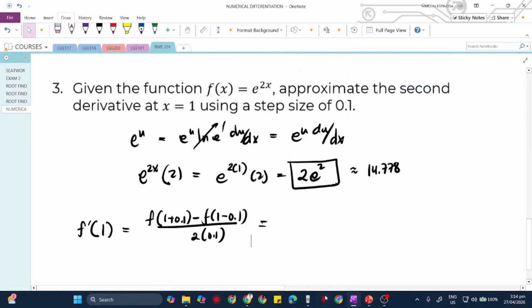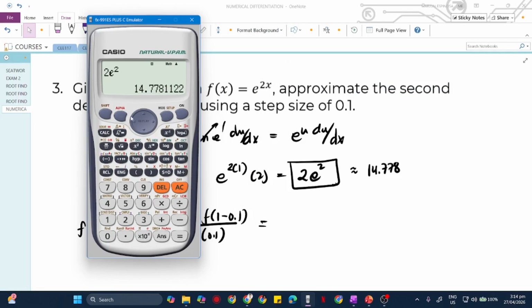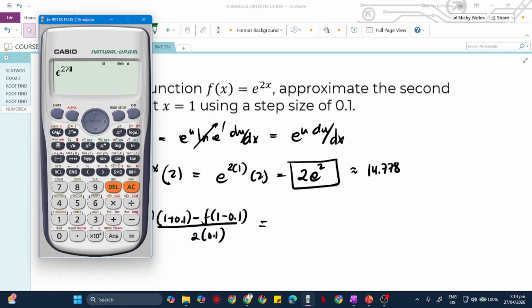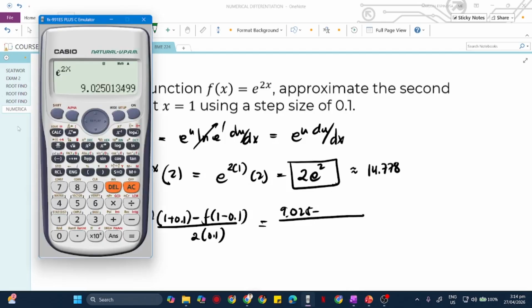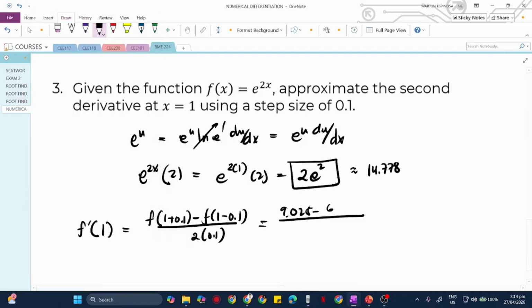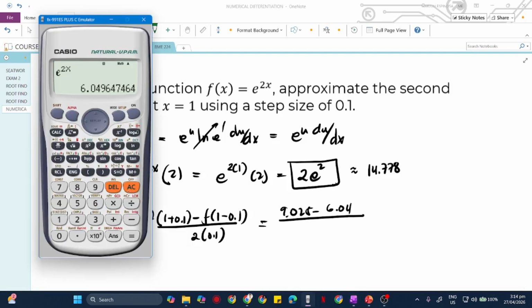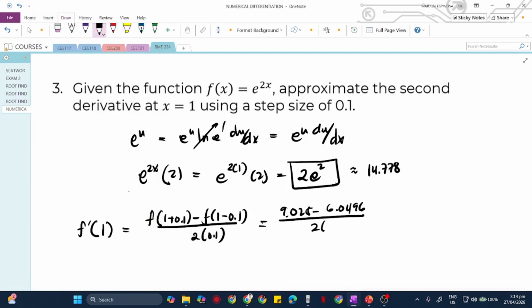Value ng f of, okay, sulat natin yung function natin, e raised to the power of 2x, no, alpha x. So, yung x, okay, calc natin, yung x is 1 plus 0.1, that is equivalent to 9.025, okay, minus, okay, then we have here calc, okay, 1 minus 0.1, that is equivalent to 6.0496, all over 2 times 0.1.